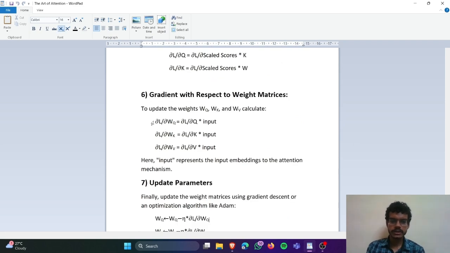Now the most important gradient: you have to update the values of WQ, WK, and WV. To calculate this, you have to use the chain rule. We have calculated all these values through the chain rule already, and then we just have to multiply by the input to get these values.